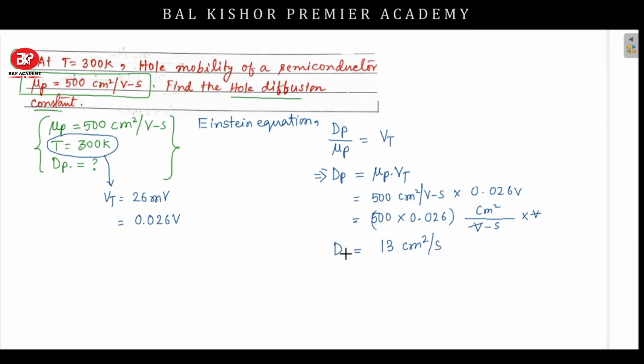So this is the diffusion coefficient for the holes in the given numerical. So in this way, using the Einstein equation, we can find the value of the diffusion coefficient for the holes.